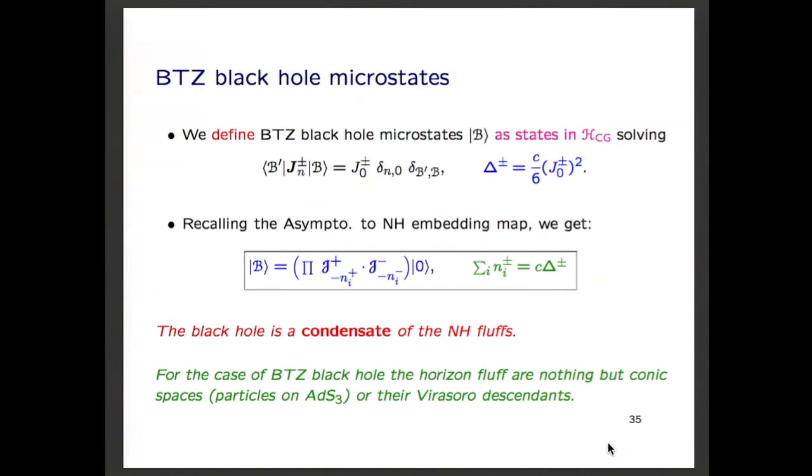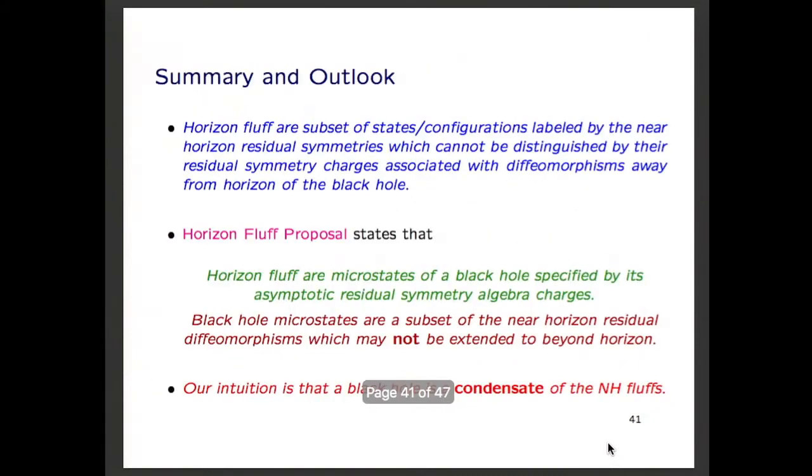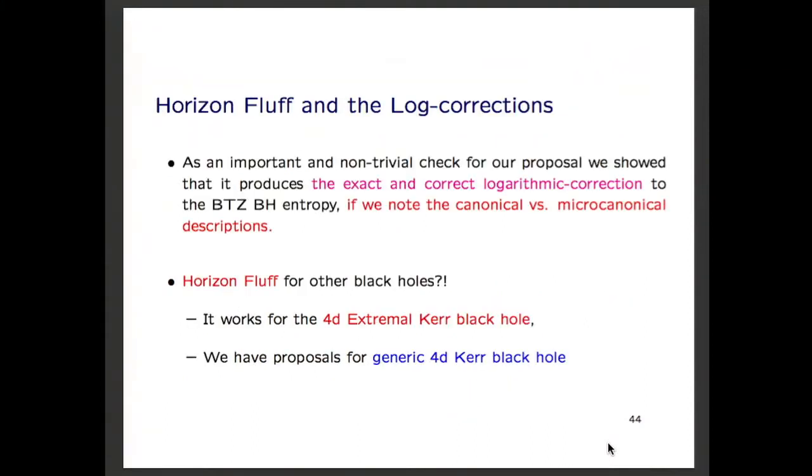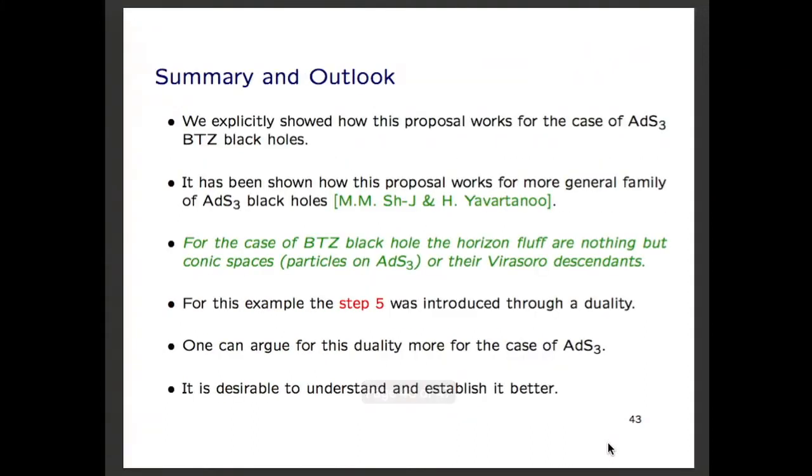And there is basically a maximum number of excitations at which I need to cut off my states, the near horizon soft hairs, so as not to exceed the mass of the black hole. So that's the picture. And we could show that this works for the BTZ black hole.